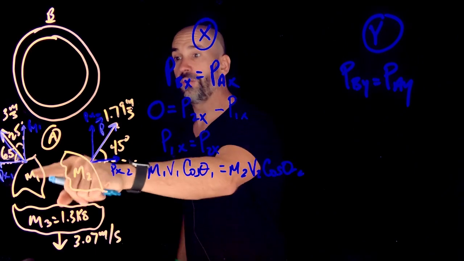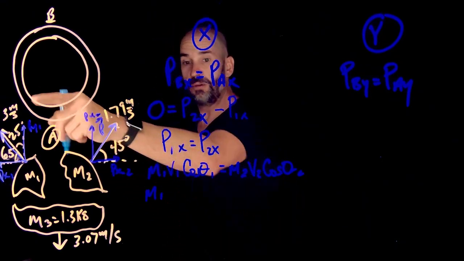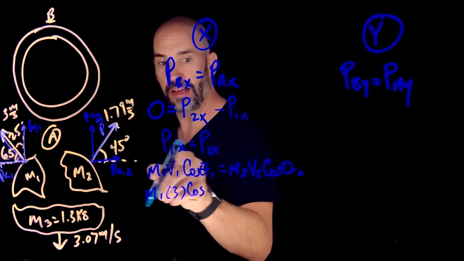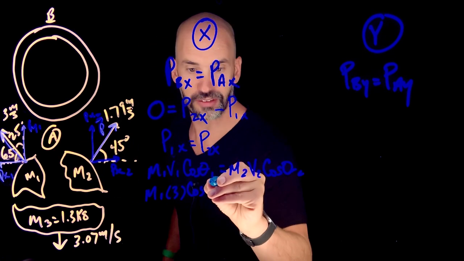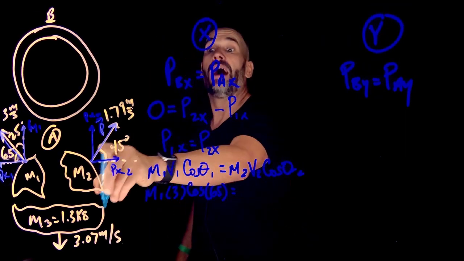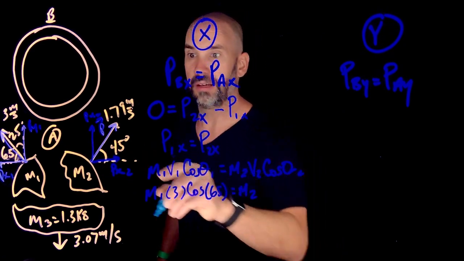So M1, that's what we're trying to find, so we'll just say M1. V1 is 3, right? And cosine of the angle that we make with respect to x is 65, so that's cosine of 65. All right? Now we have M2. We don't know what it is. We're trying to find it, right?